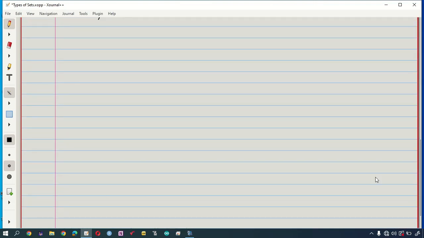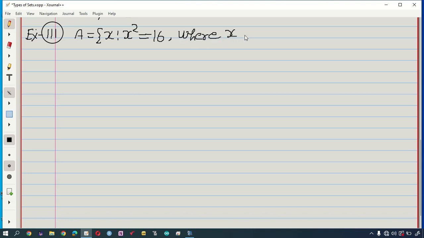Now I am going to give you the third example. A is defined as x such that x square is equal to 16, where x is an odd number.